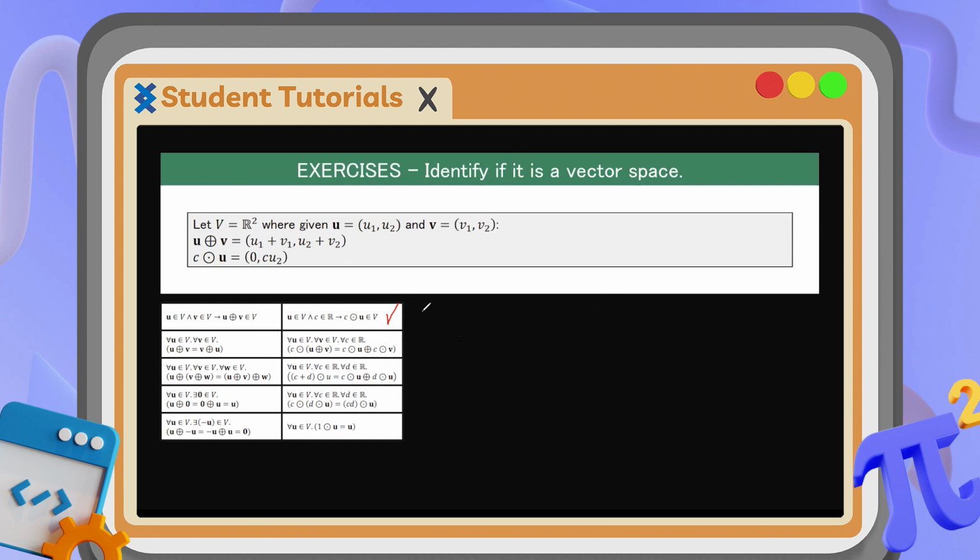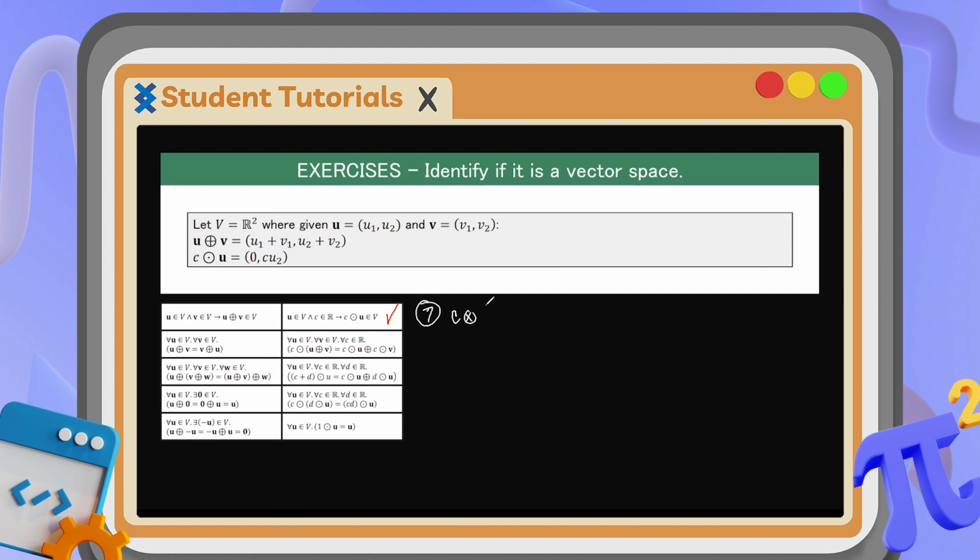Next is the left distributivity property. In here, we want to investigate if multiplying or distributing the scalar to both vectors gives us the same answer. So again, applying the operations, that gives us c. We can also write the scalar multiplication like this.